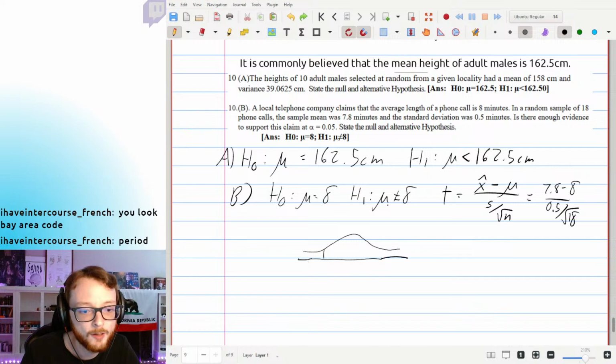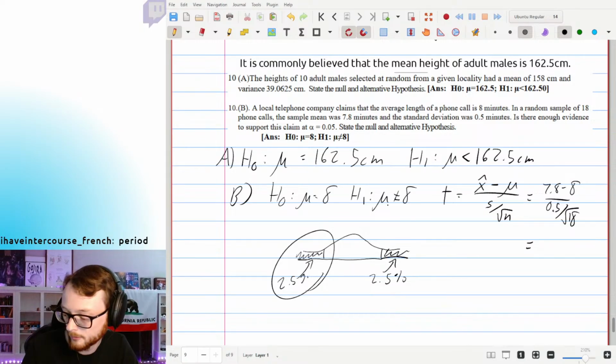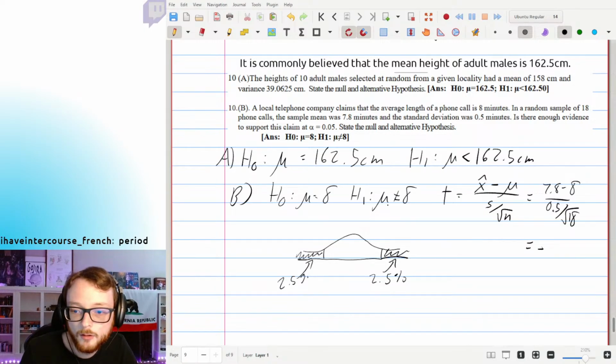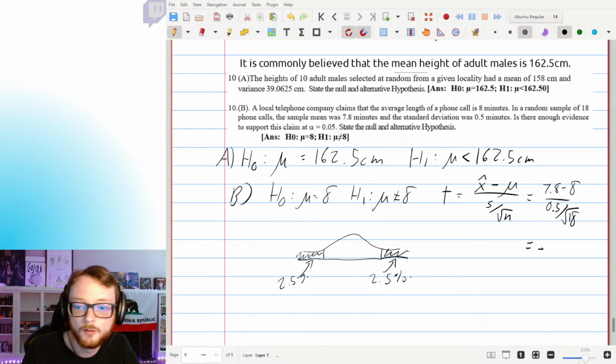So we're interested in this 2.5% or this 2.5%. That's where we would reject the null. If we get a t sample in either of those zones, we reject. We have a negative, so we're only going to be worried about the left side. I'm going to round it to minus 1.7.